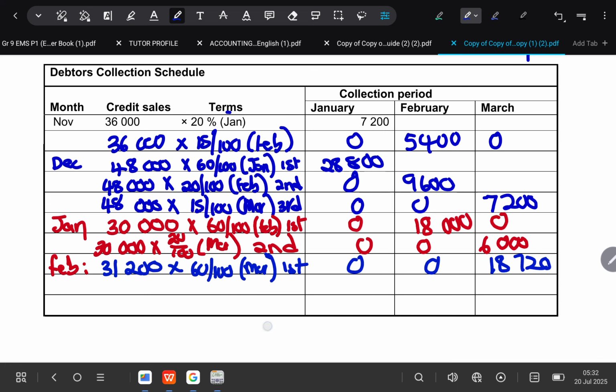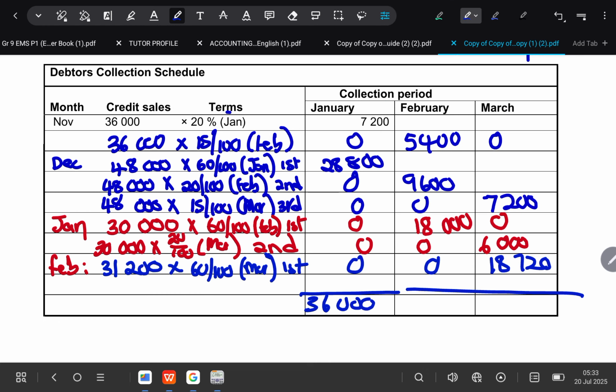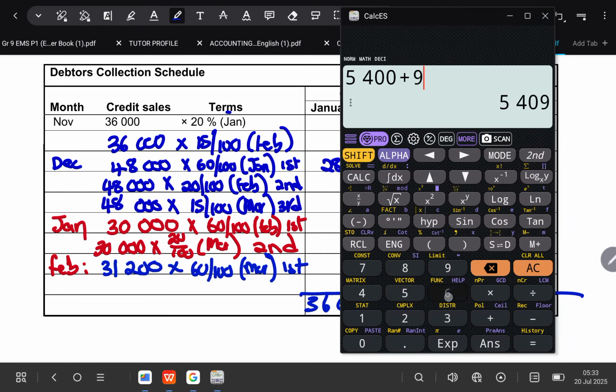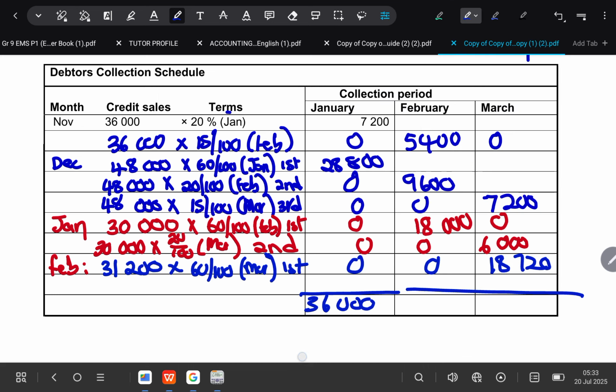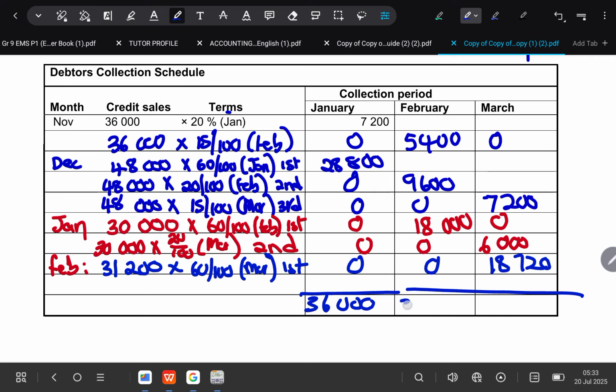It gives us 36,000. So for the first month, we will have 36,000. Then for the second month we'll have 5.4 plus 9.6, and then we'll also add 18,000. So it gives us 33,000. So that 33,000 will come here.